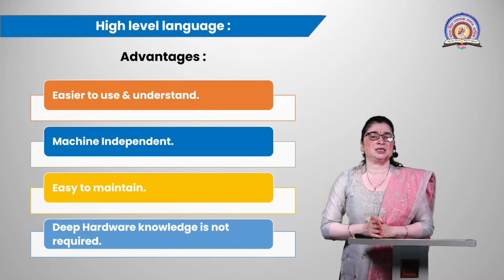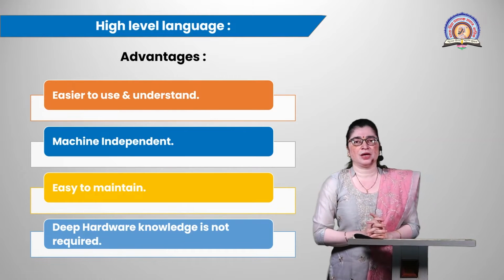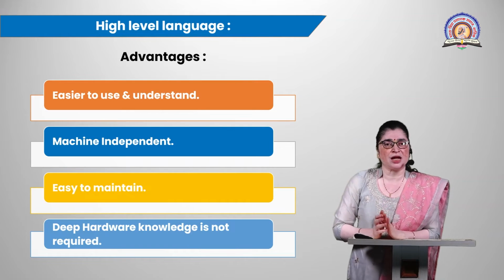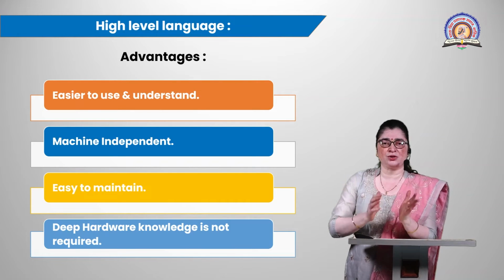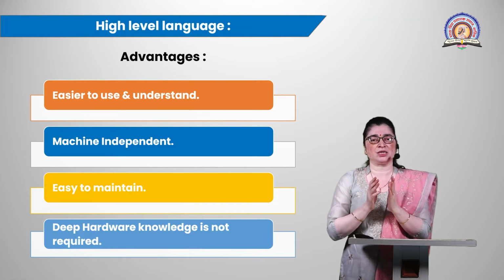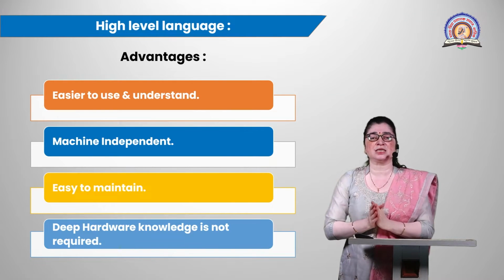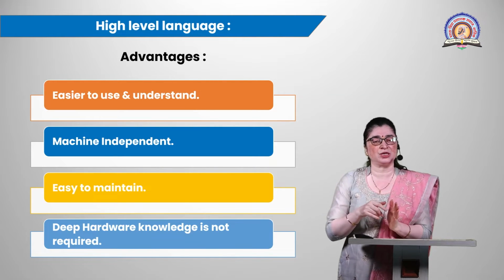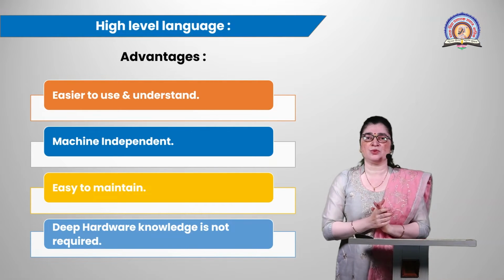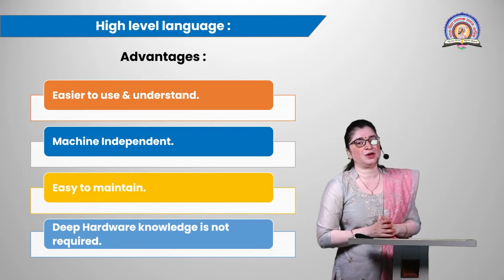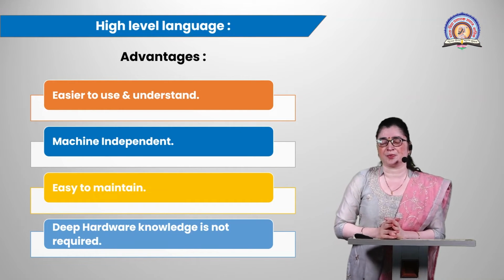Then next is higher level language. It is very simple and easy to understand, because in this language our regular day-to-day symbols, codes and signs are used. Like for addition we use the plus sign, for multiplication we use the star mark. These regular symbols are used. So higher level language is very easy and simple to understand.